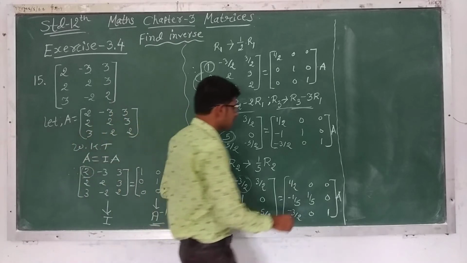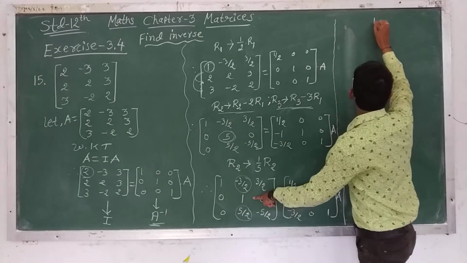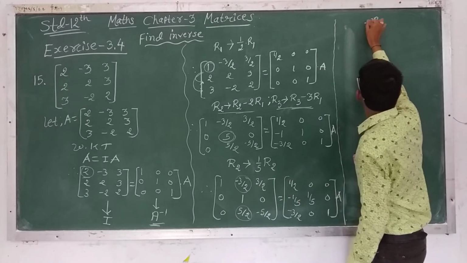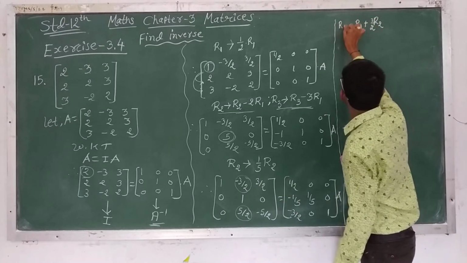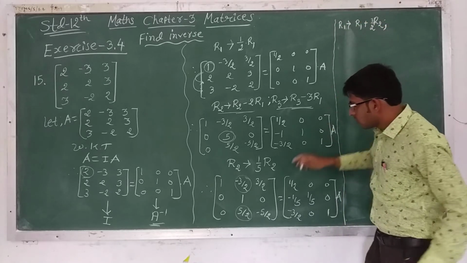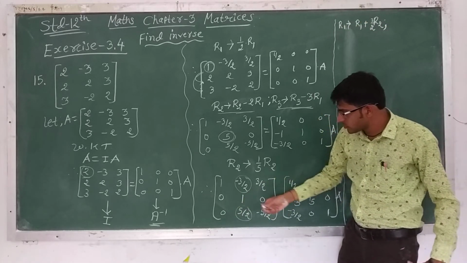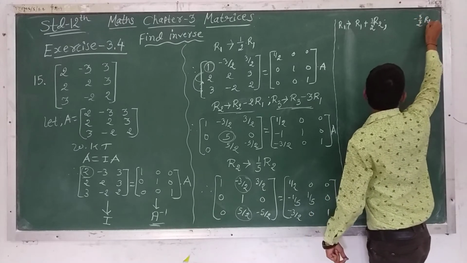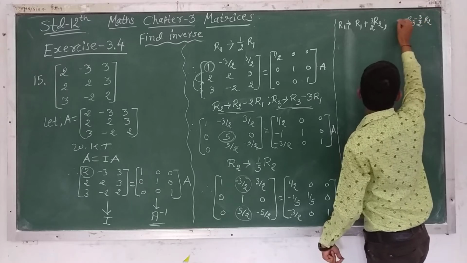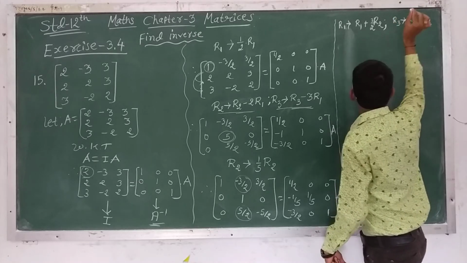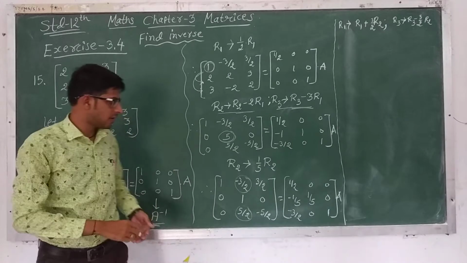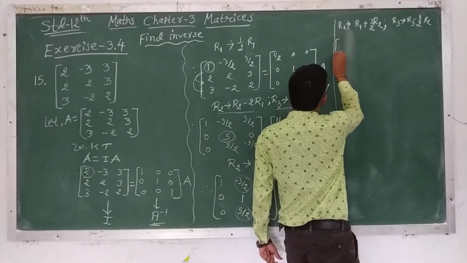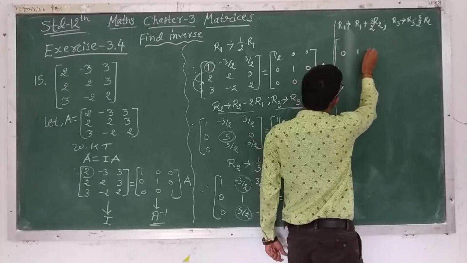So we have to write R2 multiply by 3 by 2 and adding R1, as well as we have to multiply second row with minus 5 by 2, so minus 5 by 2 to R2 and adding R3. Now we have to apply both operations in same step. So second row as it is. So we have to write first second row 0 1 0 as it is.